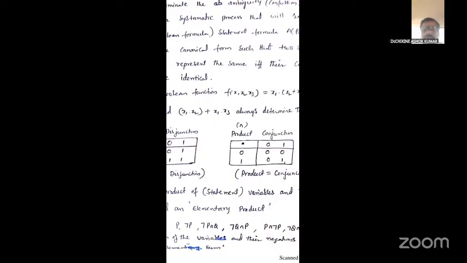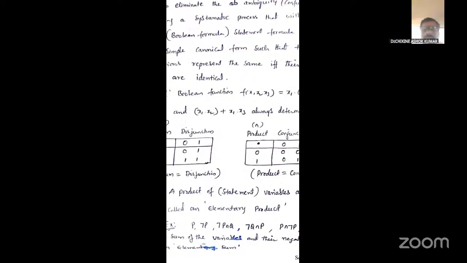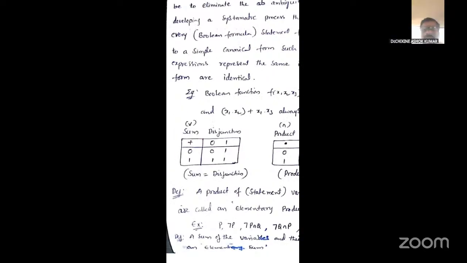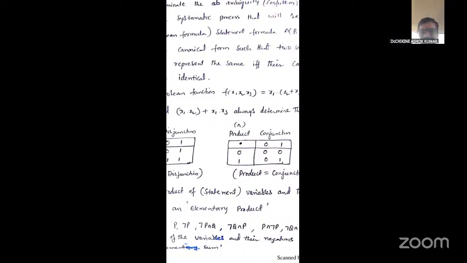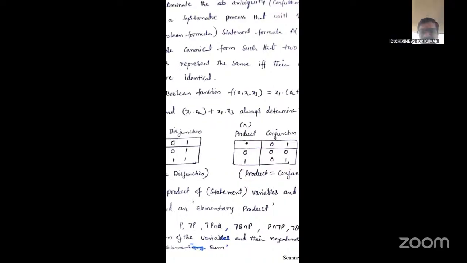Similarly, coming to the elementary sums. What is the meaning of elementary sums? A sum of variables and their negations. I will repeat once again: a sum of variables and their negations is called an elementary sum.